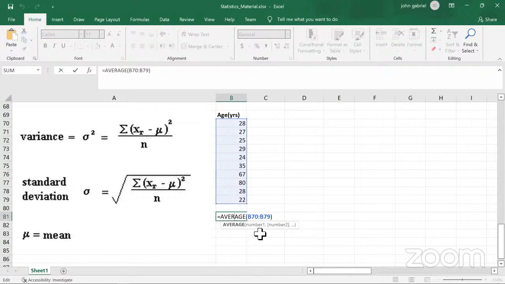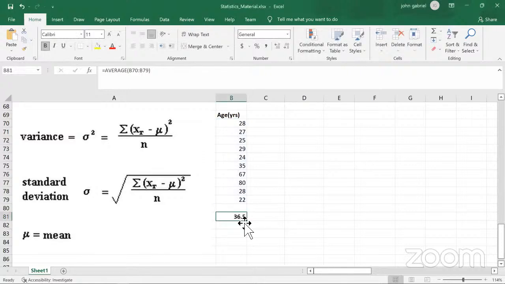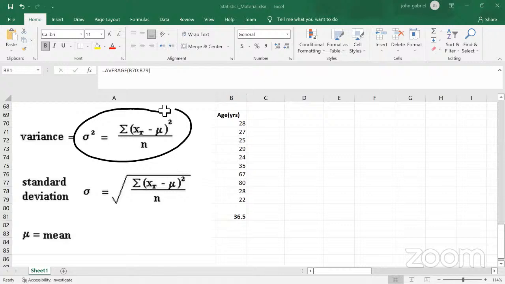Now I want to know the central value. The central value is 36.5. So I'm saying the average age of my learners is 36 years, maybe we can round it up and say 37 years. Now from this 37 years, how much have the values deviated? I want to make a statement. For that, I'm using this variance equation, denoted by sigma square.